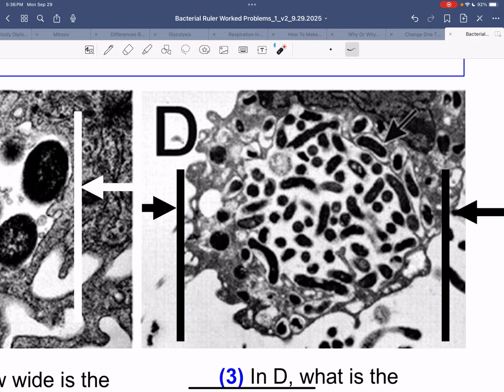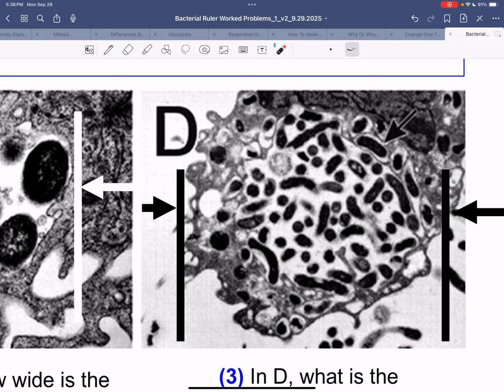It's probably the double membrane around a nucleus, but at this magnification, you can't see the space between, and so it just looks like a single solid line. The other thing that makes me think this is a nucleus is that there's a part of it here that is darker and part of it that is not, and that would be the parts of the nucleus that are darker and lighter.